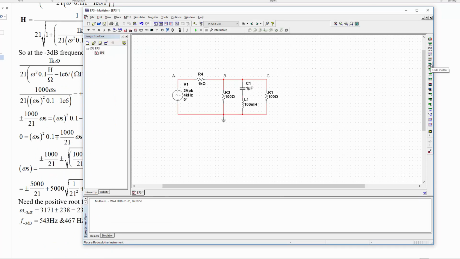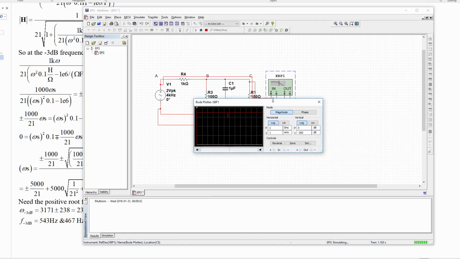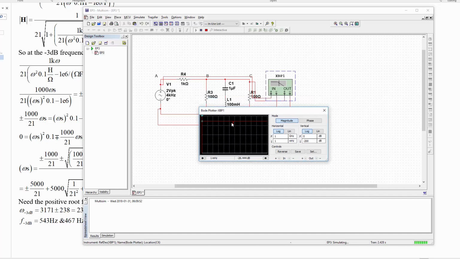So here is this circuit drawn out, and we'll put in our Bode plotter tool here, setting up our input and output. And let's see what we get. So we see a notch somewhere in the middle. We expect it to be around 500 hertz.